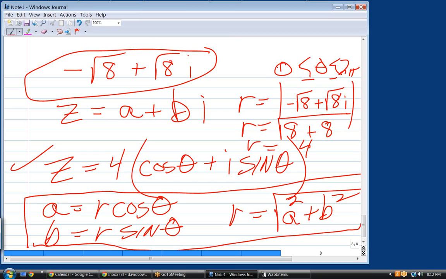We can figure out theta exactly the way we figured it out before. Theta is going to be the inverse tan of B over A if A is greater than 0, and it's going to be B over A plus pi if A is less than 0.